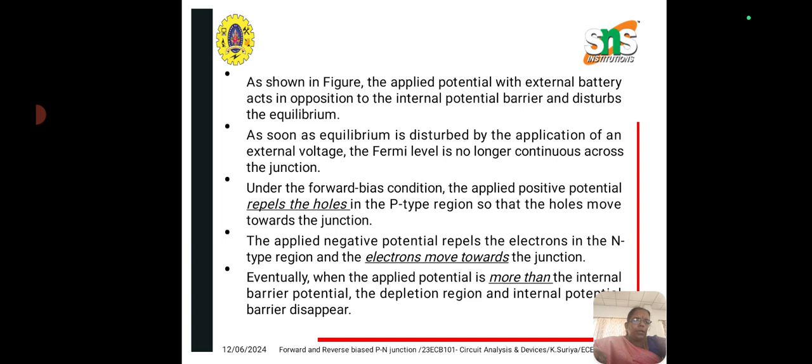Similarly, the negative potential repels the electrons in the n-type region, and they move in the opposite direction towards the p-type region. Eventually, when the applied potential is more than the internal barrier potential, the depletion region and the internal potential barrier disappear.